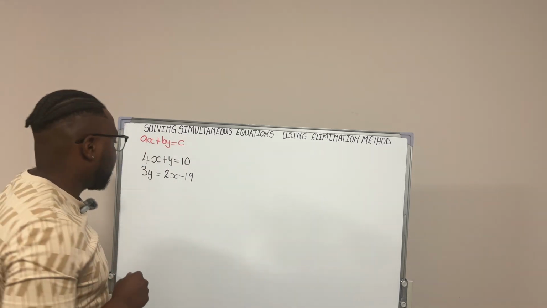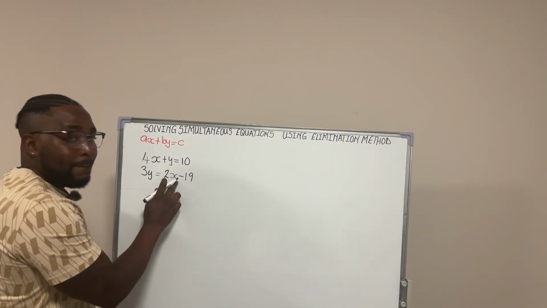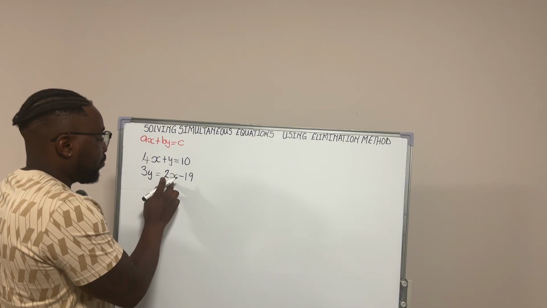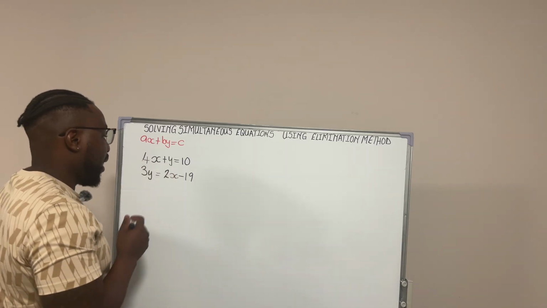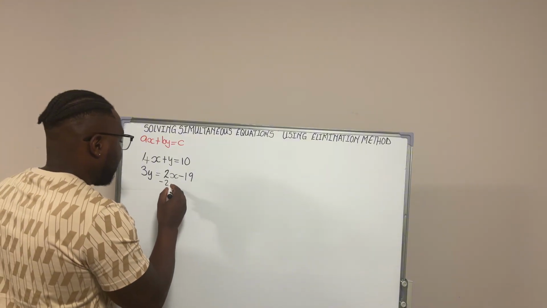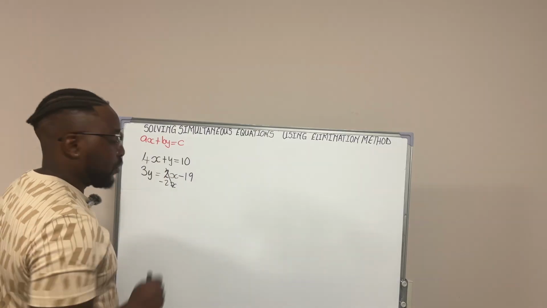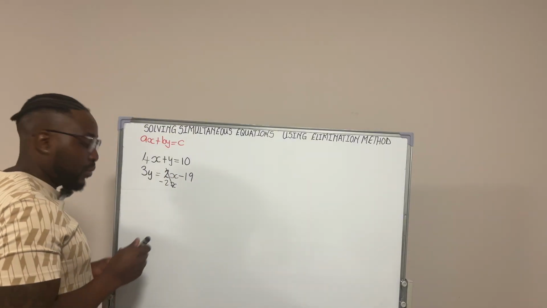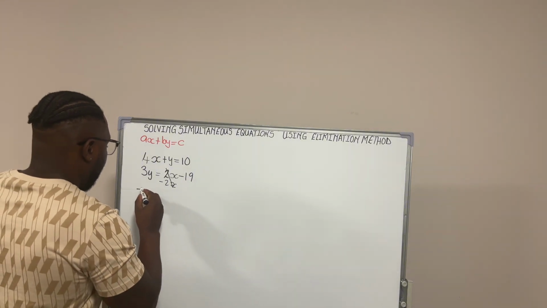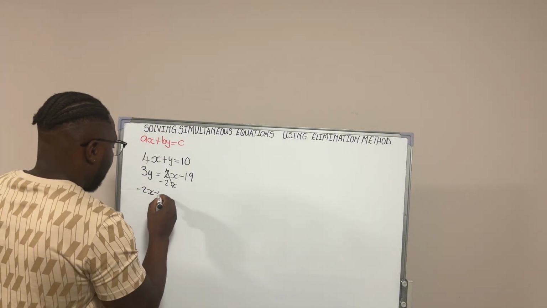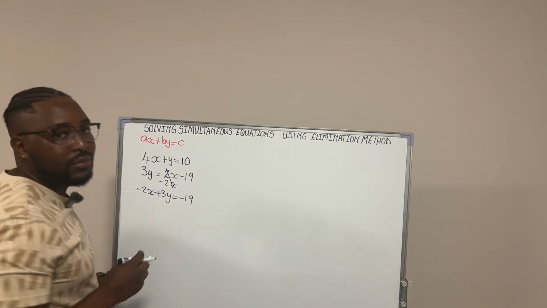Okay, so now let us do that. So we have our 2x over here, right? So all we have to do is move this 2x to the other side of the equation, all right? And how can we do that? We just have to subtract both sides by 2x, right? So those two cancel out. And what are we going to have? We shall have negative 2x plus 3y equal to negative 19.